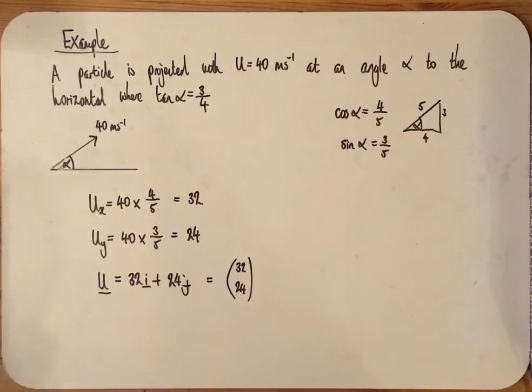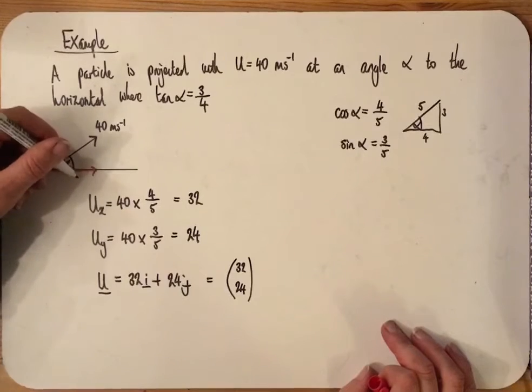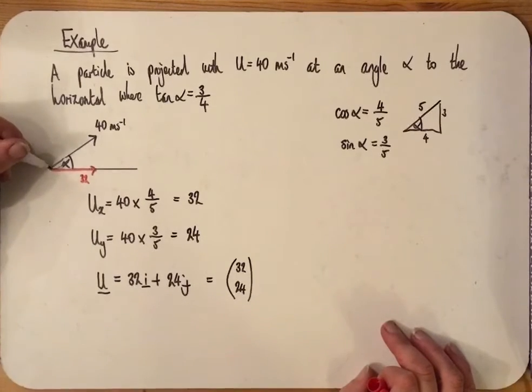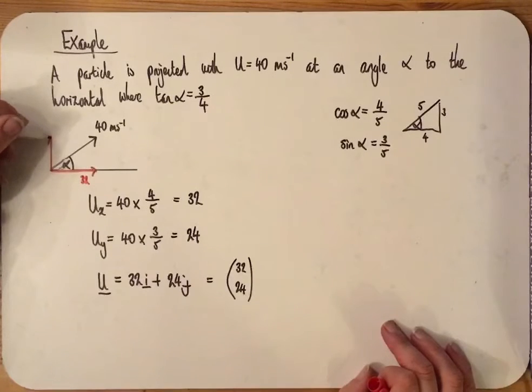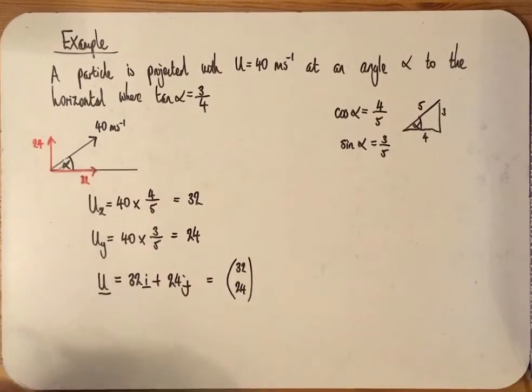So essentially it means that we've gone along 32 and up 24, but we'll go that way. And then you can start using SUVAT on the vertical horizontal motion, but we'll do that next lesson. So then you can start projecting from angles which aren't horizontal.